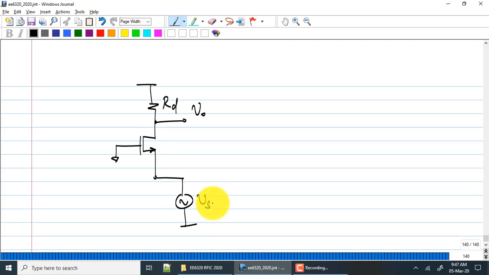Okay, Vout is basically Gm RD times Vs, if I were to apply an ideal voltage source.